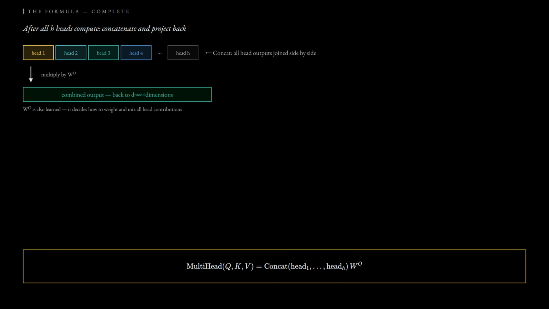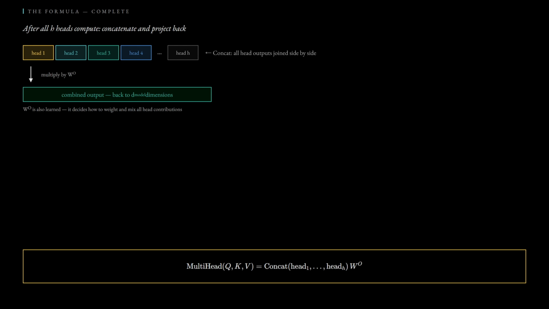This is the complete formula. MultiHead of Q, K, V equals the concatenation of head 1 through head H, multiplied by the output projection matrix. Every term now has a mechanical meaning you can trace. The heads come from the per head projection and attention operation we built on the previous slide.